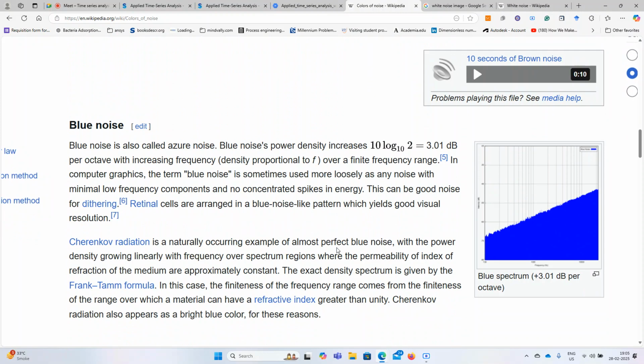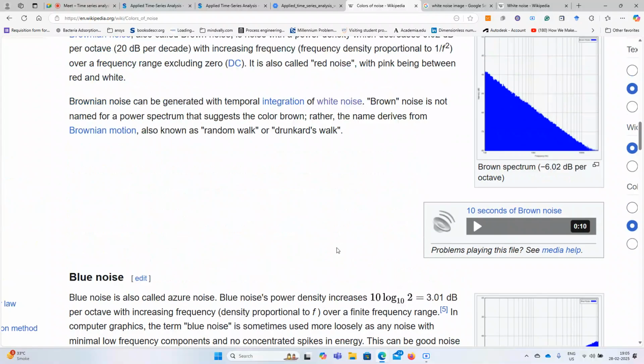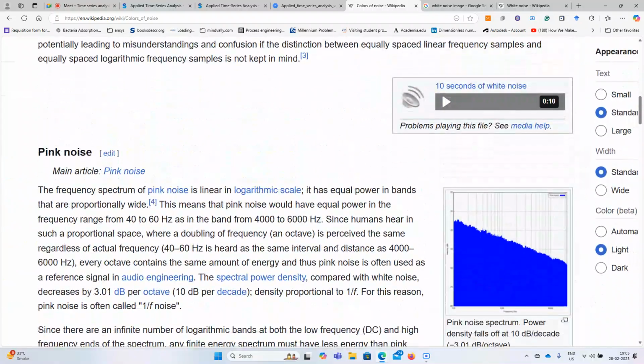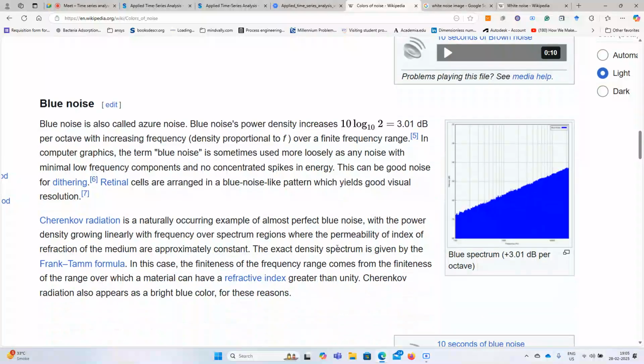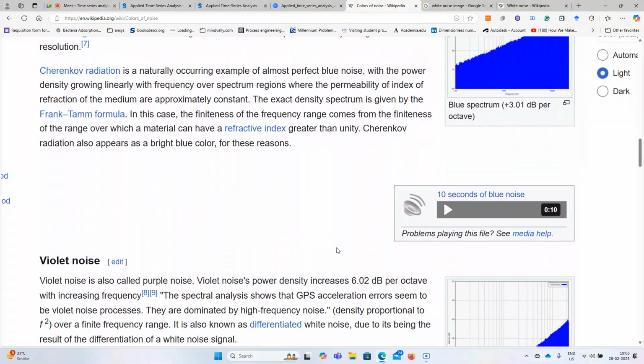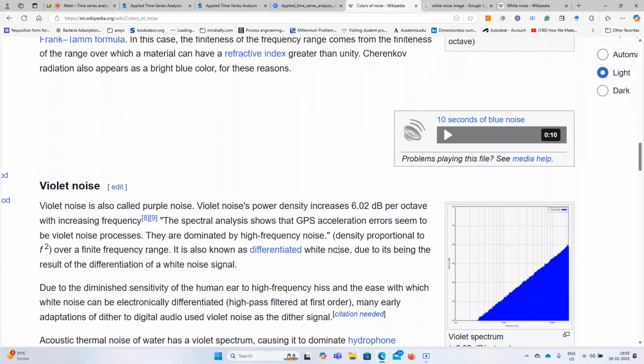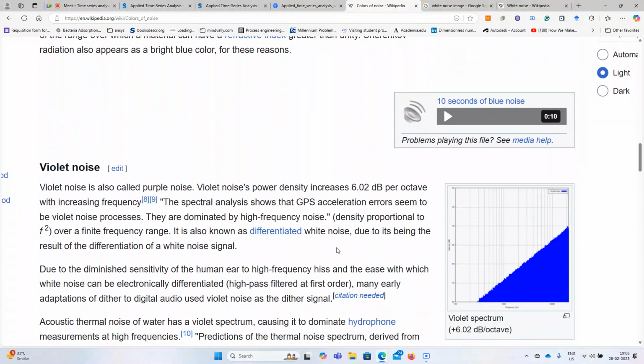Blue noise is sort of the opposite of pink noise. There is an increase in power spectral density, and all of this is without any reason.